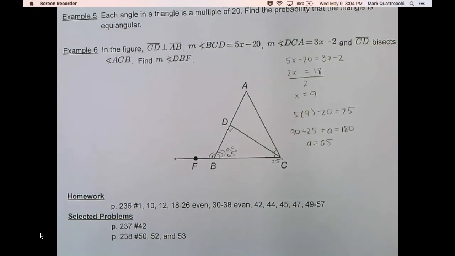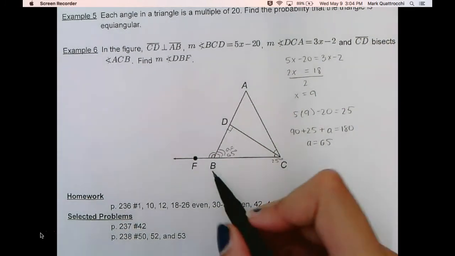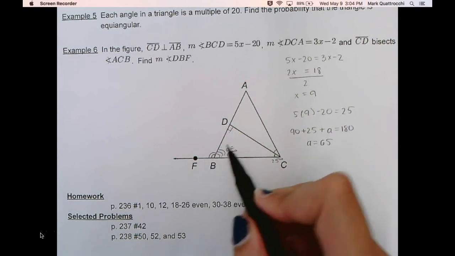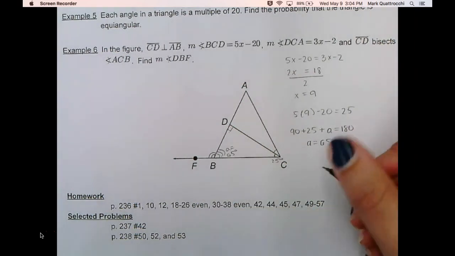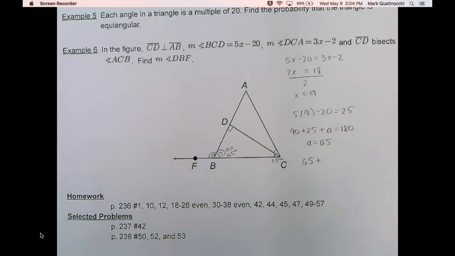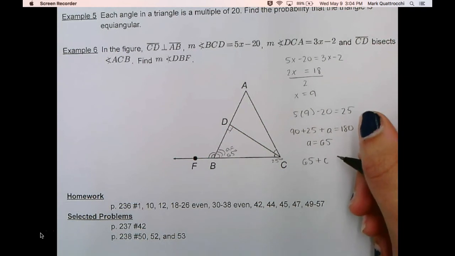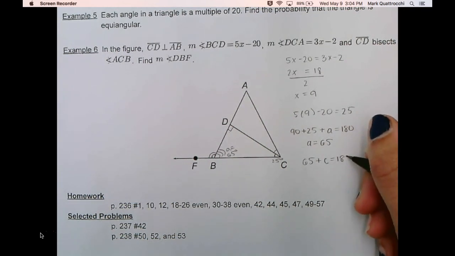And now using the linear pair postulate, you can solve for DBF. So 65 plus, we'll call this C, equals 180.